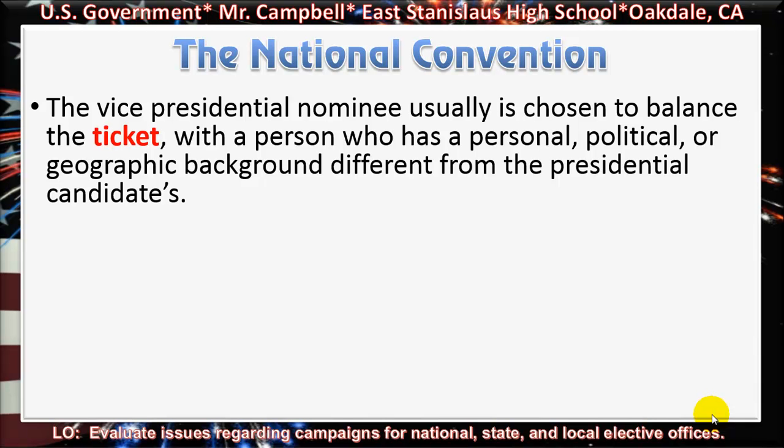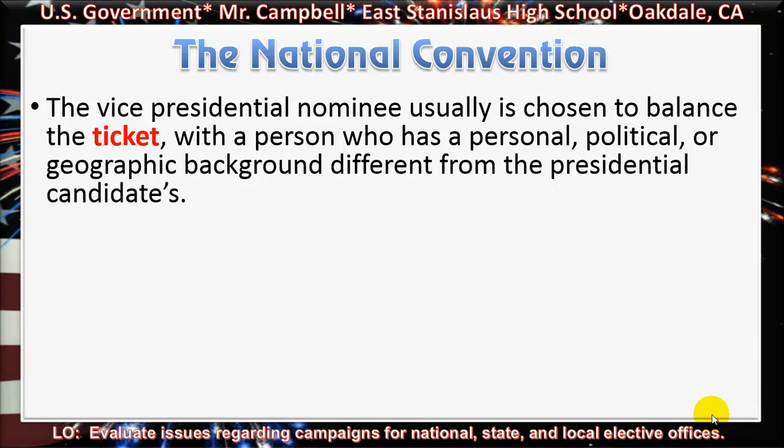So, that's one example. Another example, McCain's pick of Sarah Palin. A lot of people believe that she was chosen because she was a woman, and that Barack Obama had just won the Democratic primary by defeating Hillary Clinton.